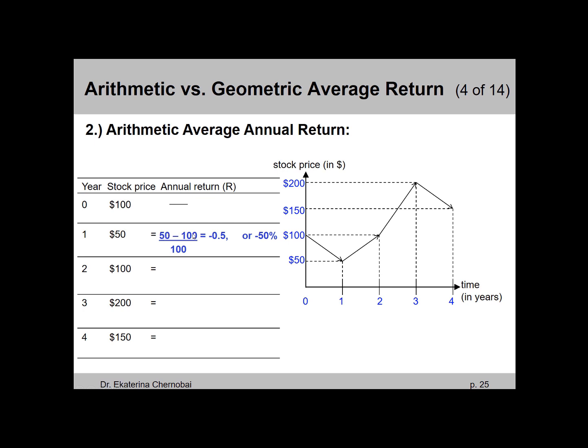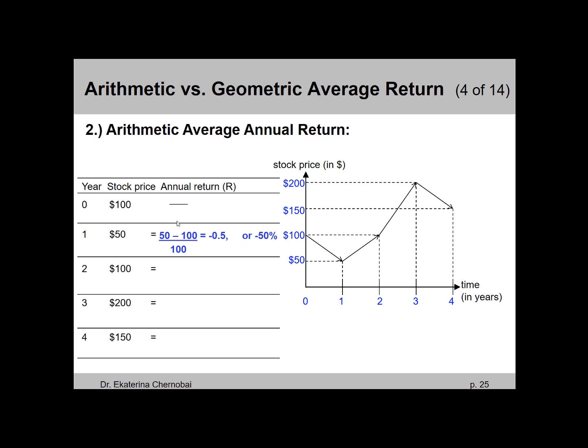So 50 minus 100 is negative 50. We take negative 50 divided by 100 and get negative 0.5. That's in decimals. It's the same thing as a negative 50% return if you convert it into percent. So a 50% decrease in your investment value.